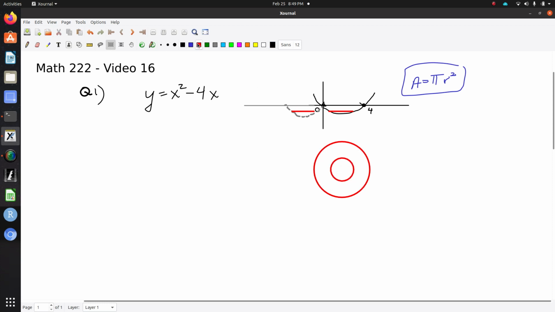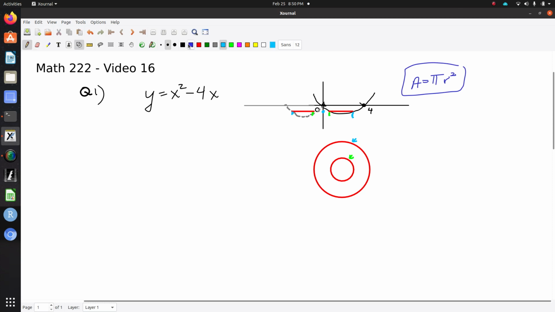So let me try to make this obvious. If this is the center of the circle, then this distance here is the outer edge of the circle, and this other thing inside here is the inner circle. And again, this gets duplicated on the opposite side, and hopefully you can visualize that.